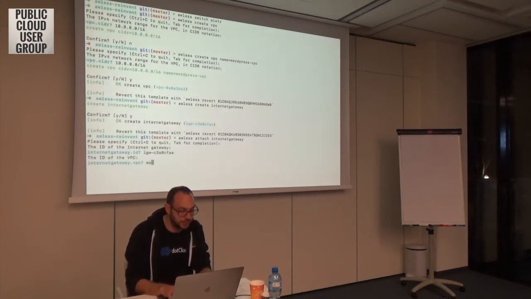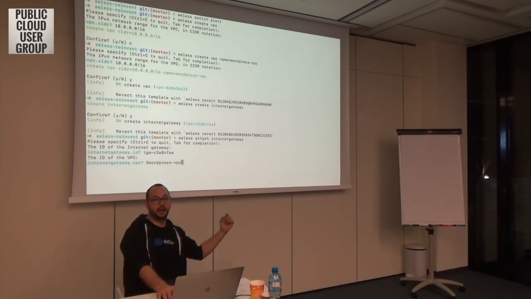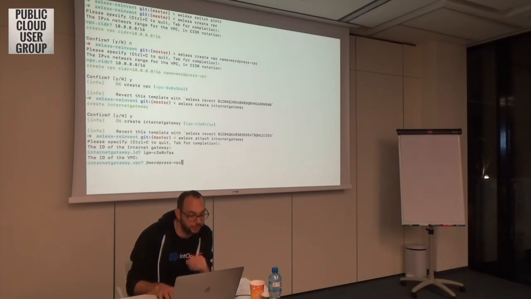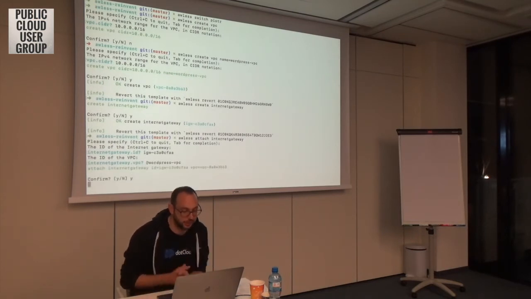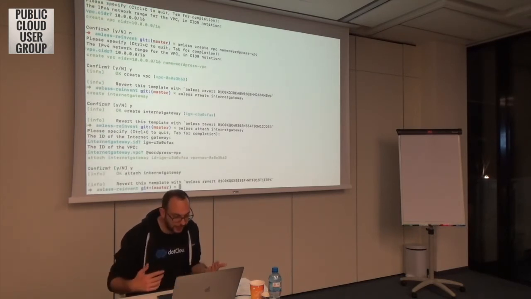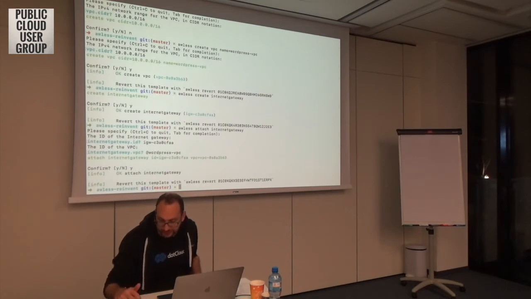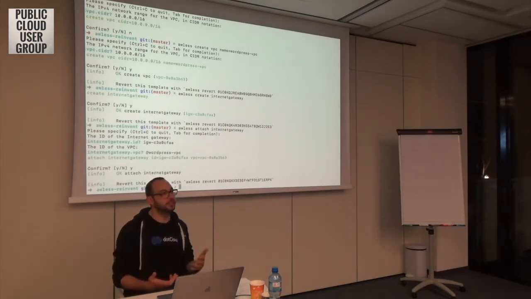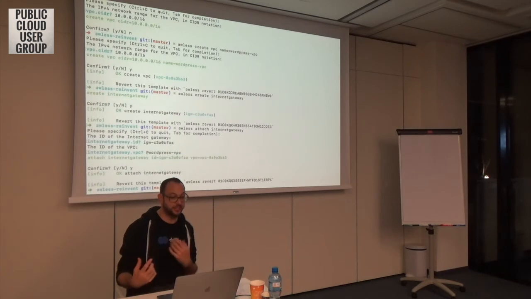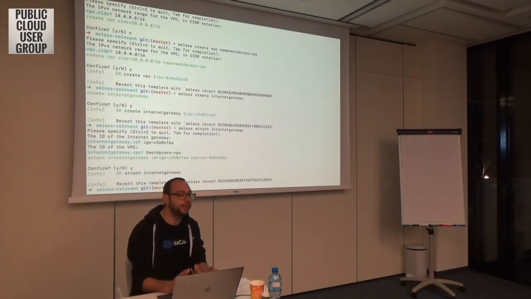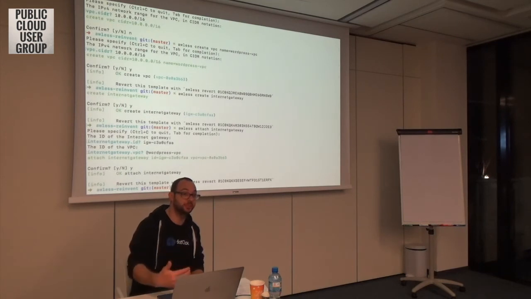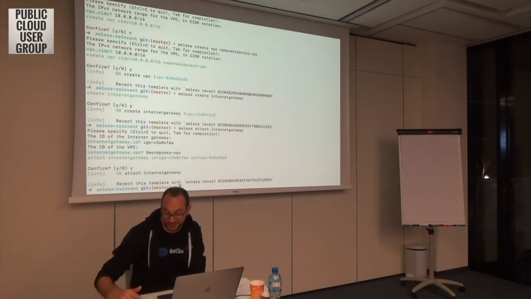And my VPC is called @WordPress VPC, and note that I have the auto-completion on all my names, so I don't have to type it. So basically, this is what I want here, and this is done, and I have set up a new VPC, an internet gateway attached to that VPC. That's super easy compared to what it would take up to now. Imagine all the steps you would have required to get there.